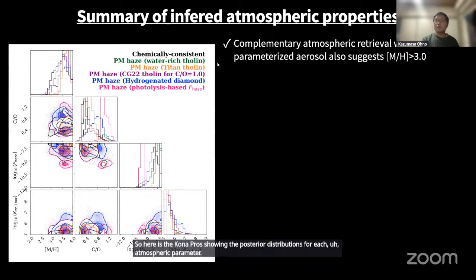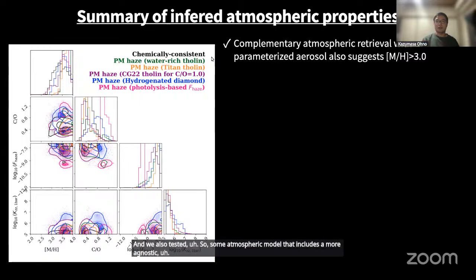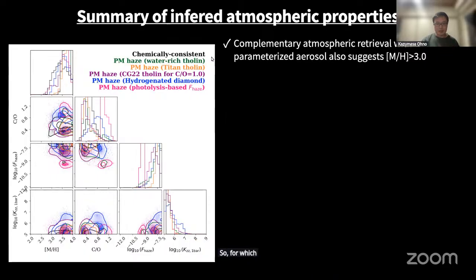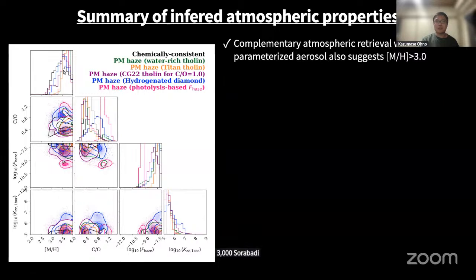And we also test some atmospheric models that include a more agnostic aerosol model, for which we parameterize the haze opacity as a simple power-law function. Basically, all model configurations tested here consistently suggest an atmospheric metallicity as high as about 3,000 times the solar value, or at least higher than about 1,000 times solar.